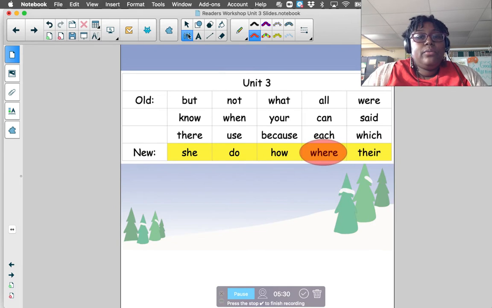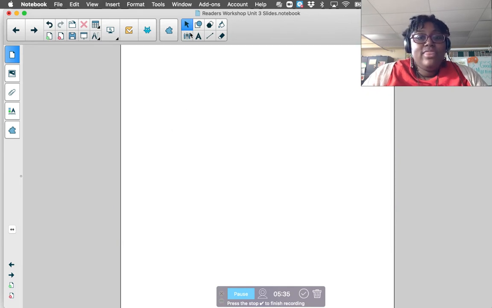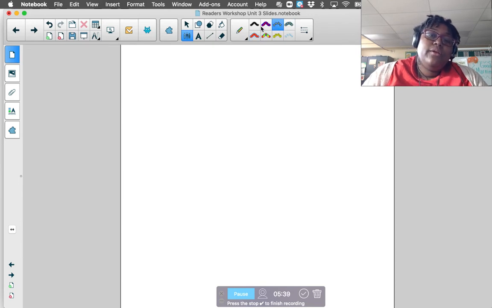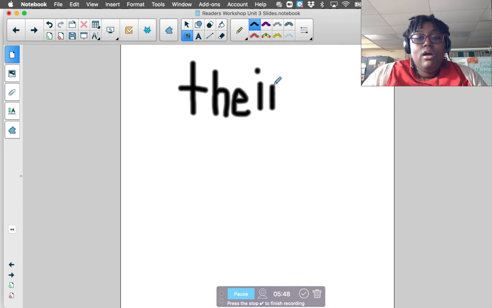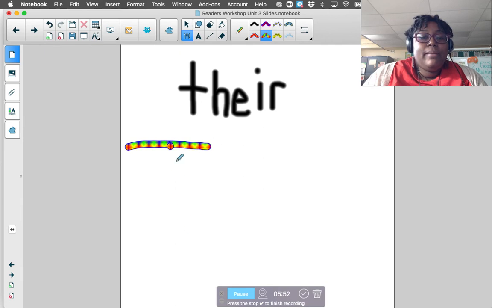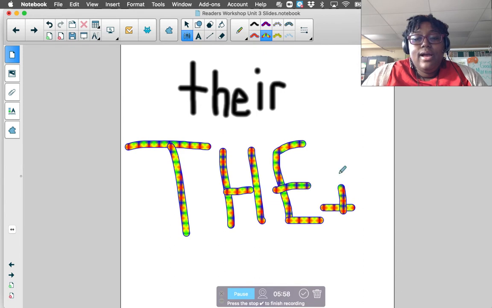And our last sight word this week is the word there. Where and there are rhyming words. Remember, this word there means over something that belongs to someone. T-H-E-I-R. There. Like this is their house. Let's write it in capital letters. T-H-E-I-R.